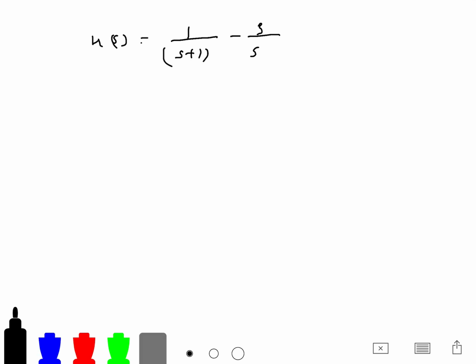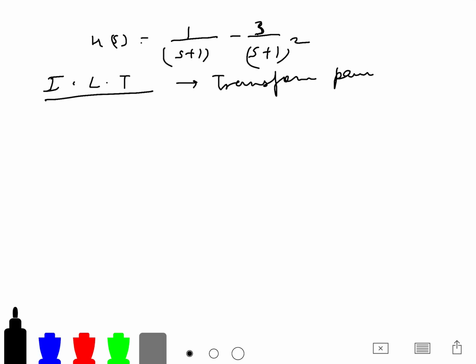Okay. After finding the values of A and B, we can write it as H(s) is equal to 1 upon s plus 1 minus 3 upon (s plus 1) whole square. Now to identify the inverse Laplace transform, you should know the transform pairs to write the transform of the given function.